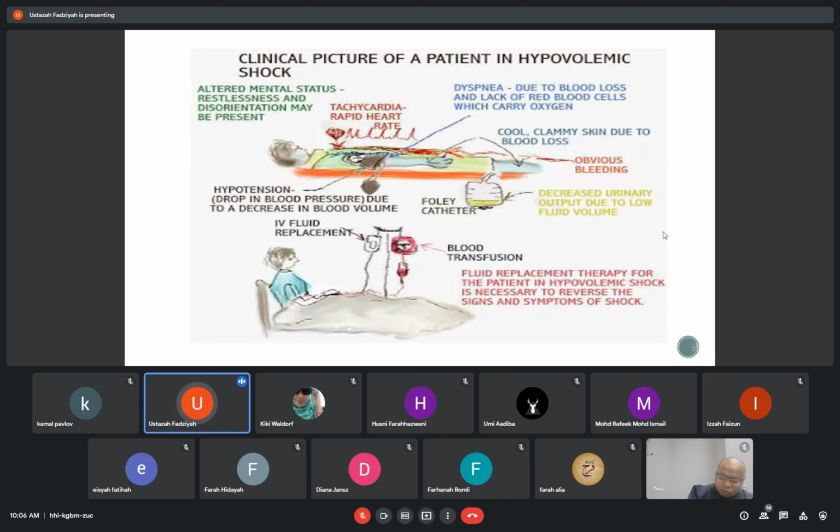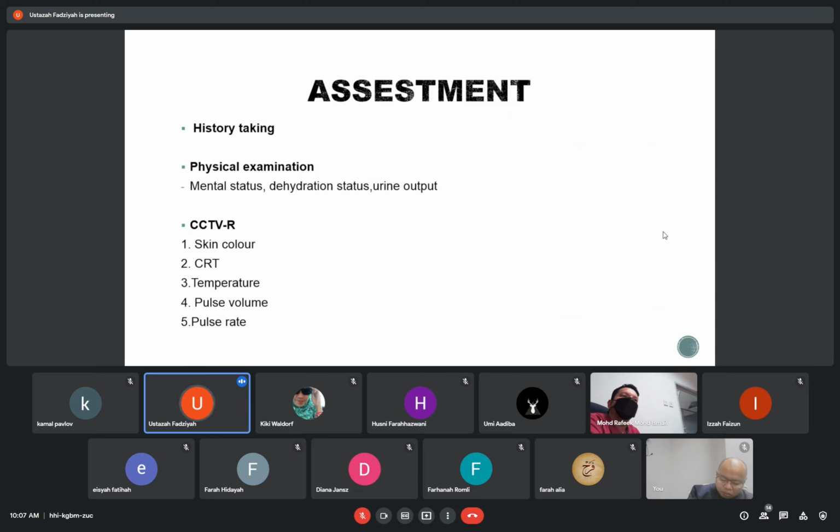So assessment upon arrival tu kita macam biasa, we take a history taking and then we do some physical examination like the mental status, the hydration status and urine output so that we can divide the classification of which class it belongs lah. And then we can check for CCTVR, which is skin color, capillary refill, temperature, pulse volume and pulse rate.